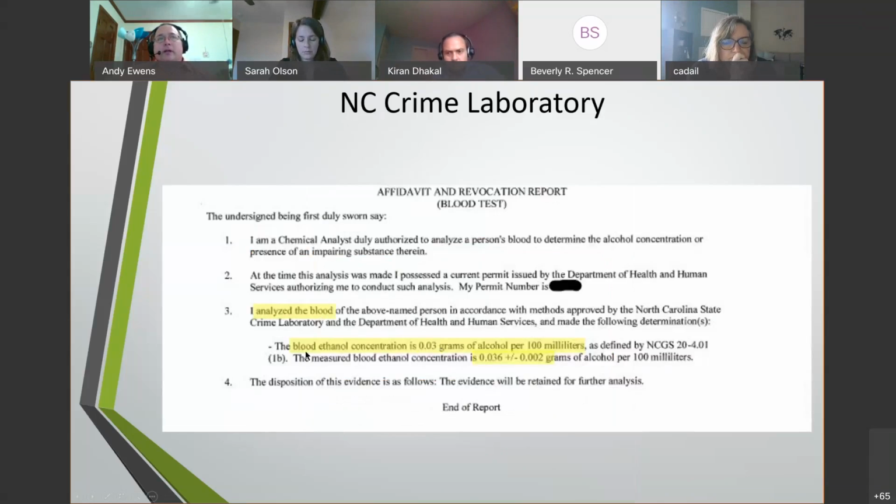So this was a blood alcohol test. They are reporting 0.03 grams of alcohol per 100 milliliters. And here they're actually giving you their error rate. The actual measurement was 0.036 plus or minus 0.002.